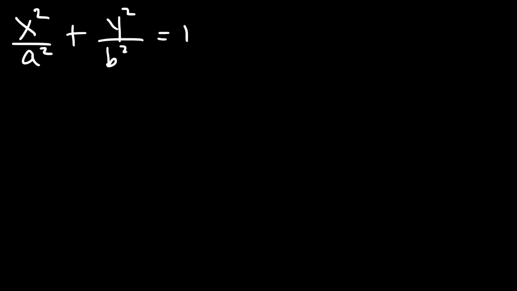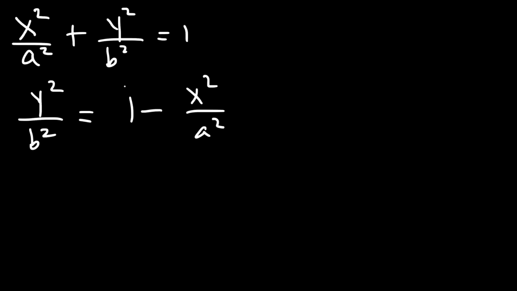Now let's talk about how we can derive the formula that we have been using to get the circumference of an ellipse. So let's start with this equation. x squared over a squared plus y squared over b squared is equal to 1. And let's solve for y squared. So I'm going to take this term, move it to the right side. So I'm going to have y squared over b squared is equal to 1 minus x squared over a squared.